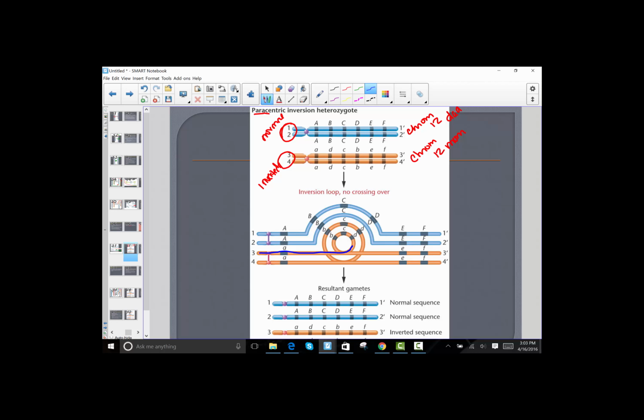It actually goes D, C, B, E, and F. So if we go 3, 3 is going to lead us to 3 prime, but we're going to have still our inversion, right? D, C, and B. Okay? So these chromosomes have lined up, and they can still maintain the inversion, and we're going to end up with a chromosome with an inverted sequence of D, C, and B.